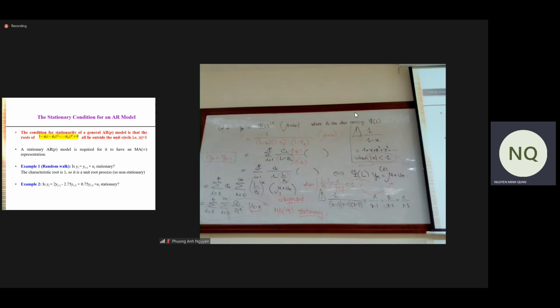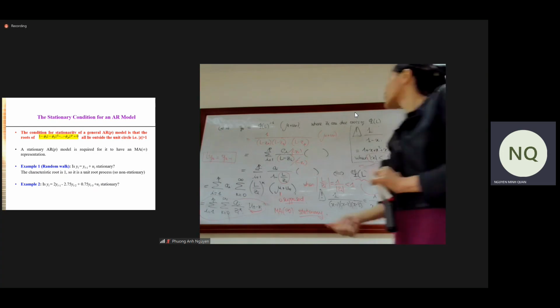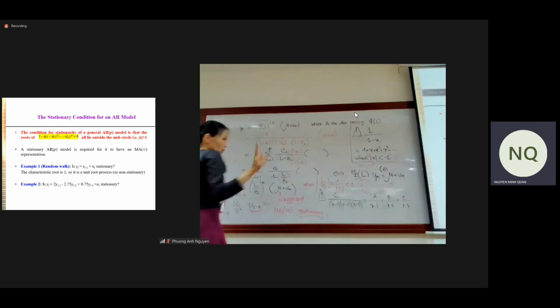Okay, magnitude greater than 1, because most of the time you have the real numbers, but sometimes we also have the complex numbers. So for the absolute value or modulus to be greater than 1, in this case you have a stationary process. So an AR process is not always stationary.